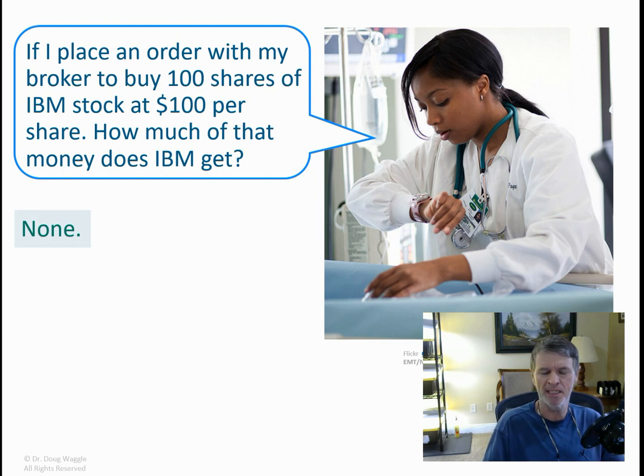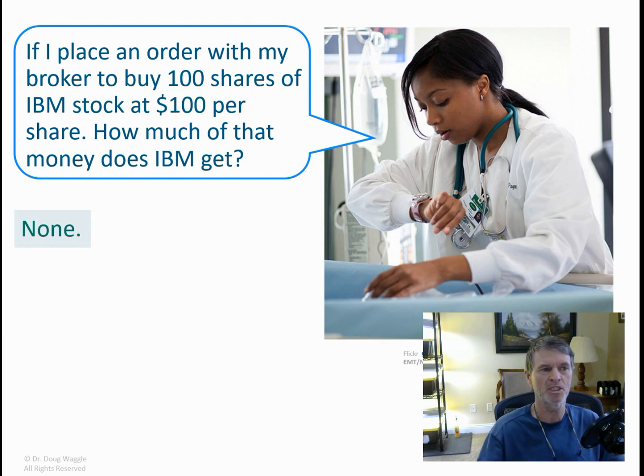If you're buying and selling through your broker, you're buying previously issued stock, and IBM is out of the picture. It's just like if I sell my Chevy Colorado right now, General Motors is not going to get any of that money, because they got it when they sold the truck to start with. Same thing goes with stock.